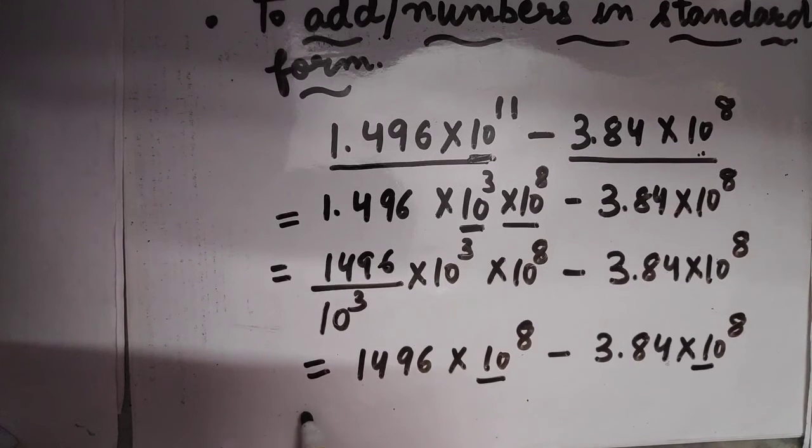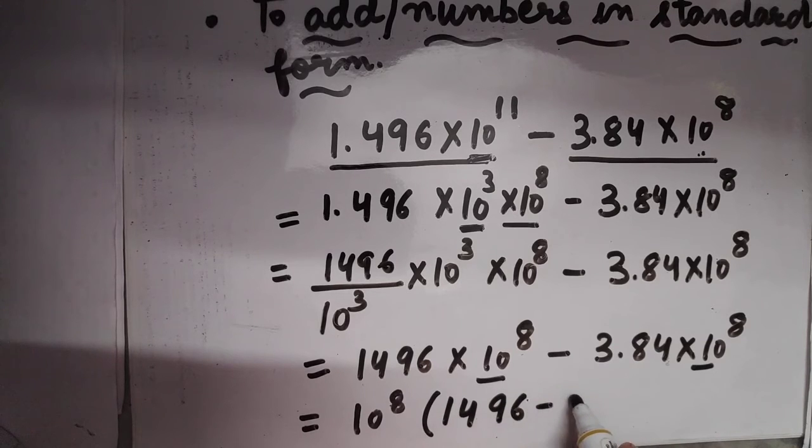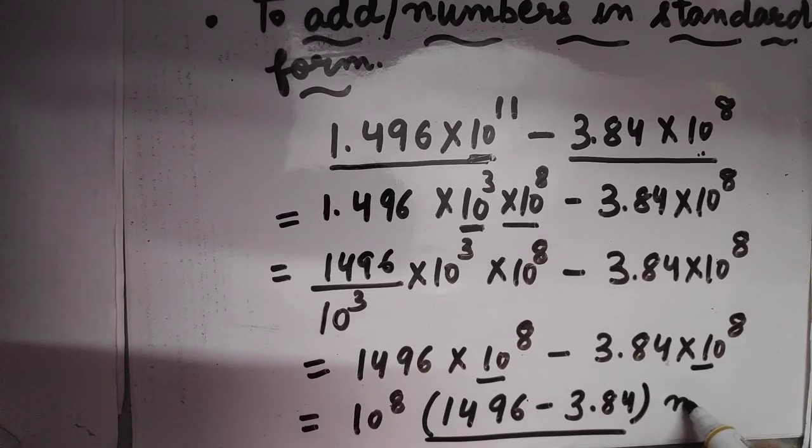So can I take 10 raised to the power 8 outside? 10 raised to the power 8 will be taken common, and 1496 minus 3.84 will be done. These two will be subtracted, into 10 raised to the power 8 meters will be your answer.